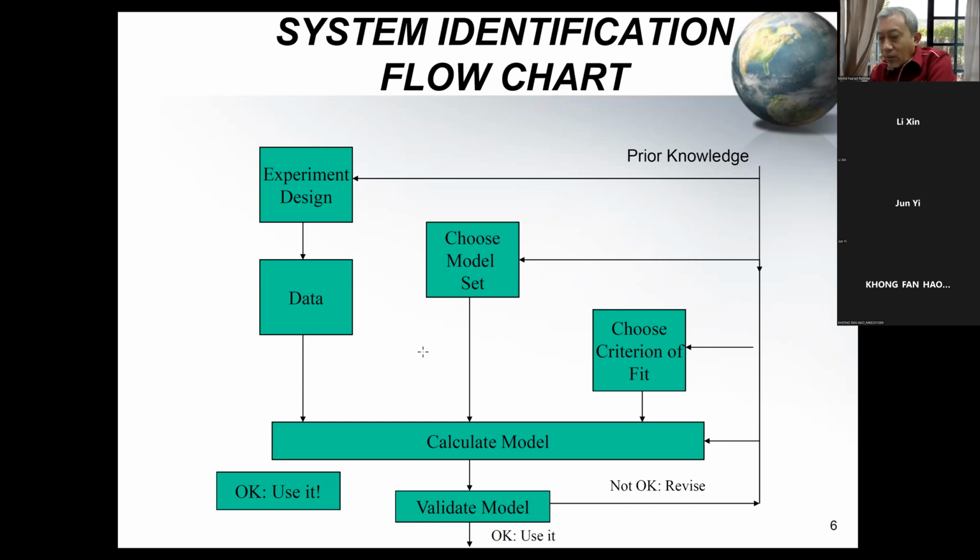First is to accumulate the prior knowledge, and then to design the experiments: how to connect from one point to another, and how to collect the data. Then choose the model set and criterion to fit the models, calculate the models after we collect the data, and finally validate the model.